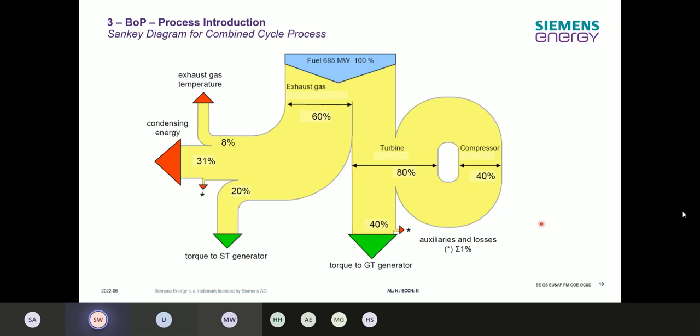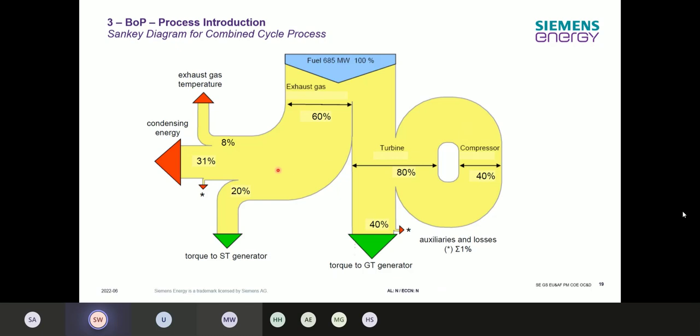So gas turbine side, we are somewhere around these 40%. Probably 41 on the newer ones, 42, but let's say roughly 40%. Then we have this big part over here, exhaust gas, 60%, which is normally the losing part, the exhaust gas, which we are sending now into the boiler.